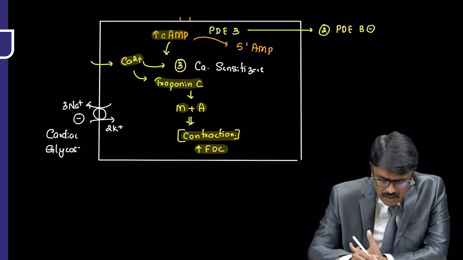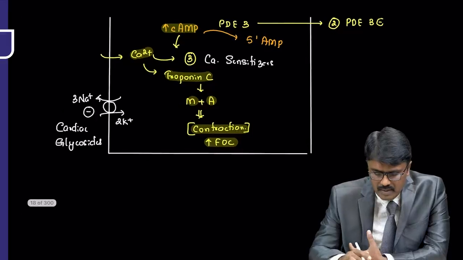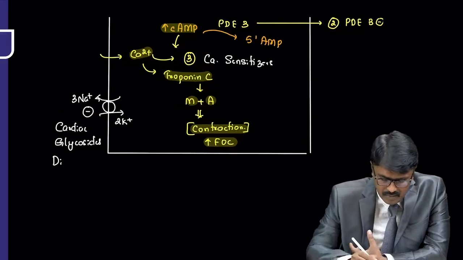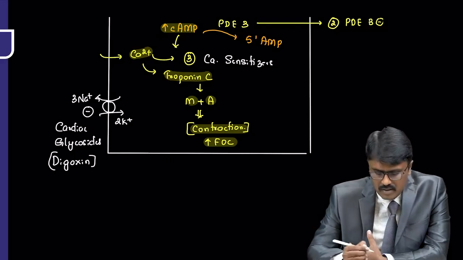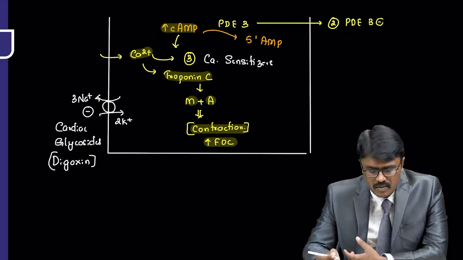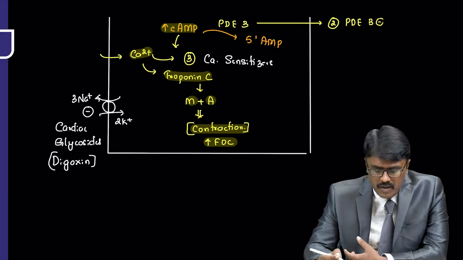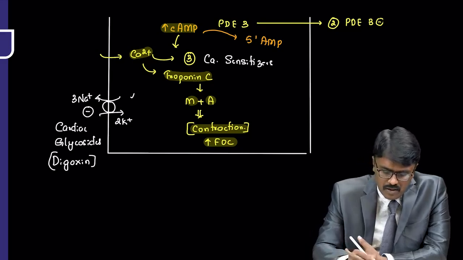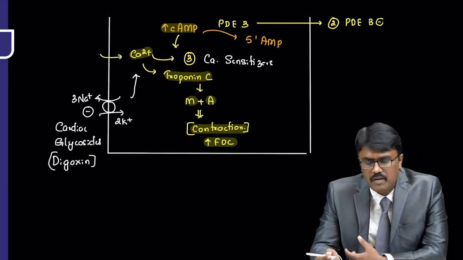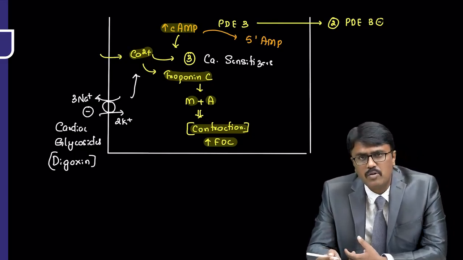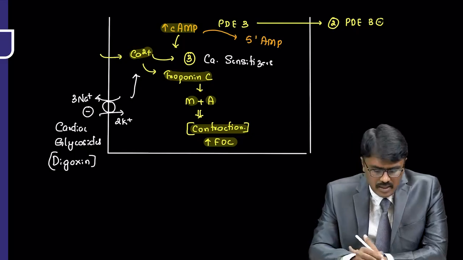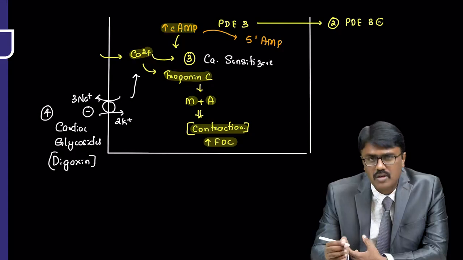An example is the drug digoxin. So digoxin is a cardiac glycoside which can inhibit the sodium potassium ATPase pump. Now when you inhibit that pump, that will also contribute to increase in calcium, and when you increase the calcium, there is increase in force of contraction. We'll discuss that in detail when we come to digoxin.